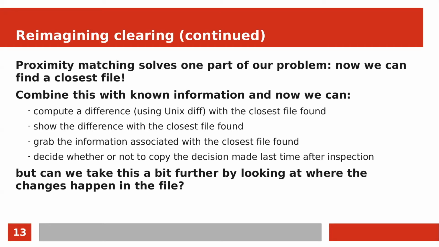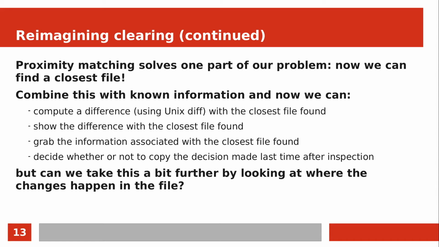So proximity matching already solves one part of our problem, because now we can find a closest file. If I have this information, then I can combine it with known information from the scans that we've done before for the other files. Now I can also compute a difference using Unix diff with the closest file that I found, and then display it.